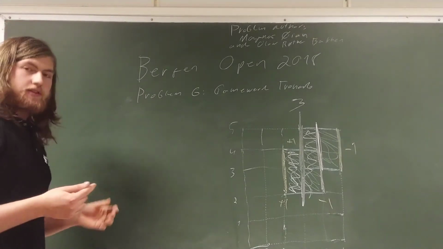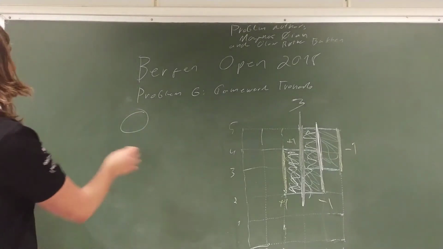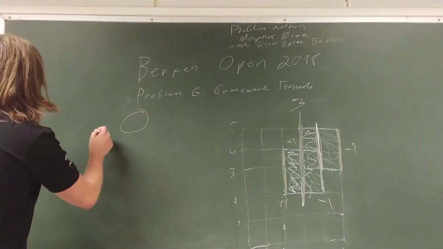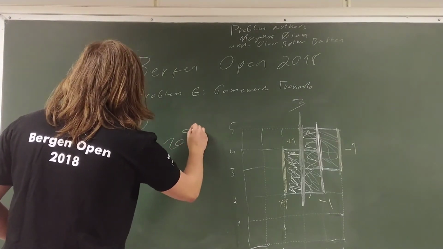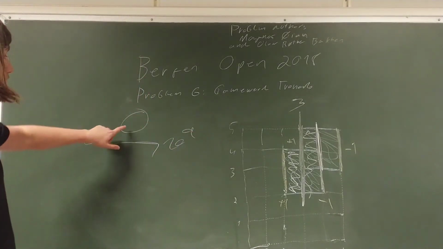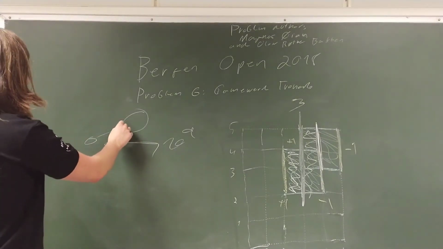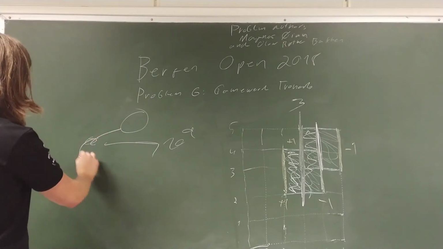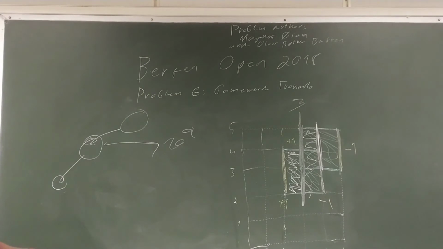Instead of constructing the entire segment tree at the start, we just start with the root node and say, okay, this contains the entire range from 0 all the way to 10 to the 9. And then, okay, I need to add something within this half. Then I construct this node, and I construct nodes as I move down, and this is a very easy way of solving that problem.